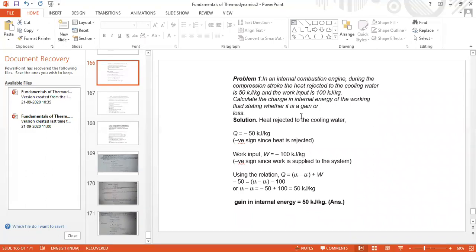Suppose in a piston cylinder arrangement, for example, a certain gas is there. If heat is supplied to that, what is its sign? Plus or minus?